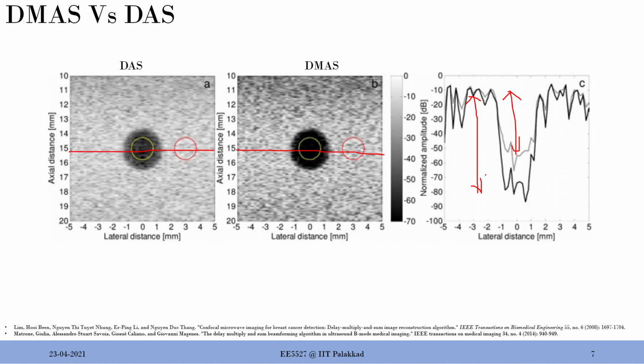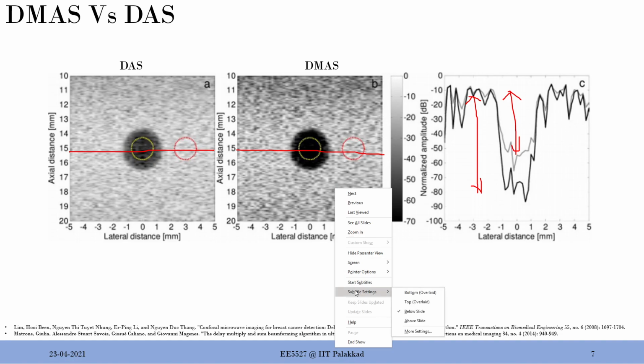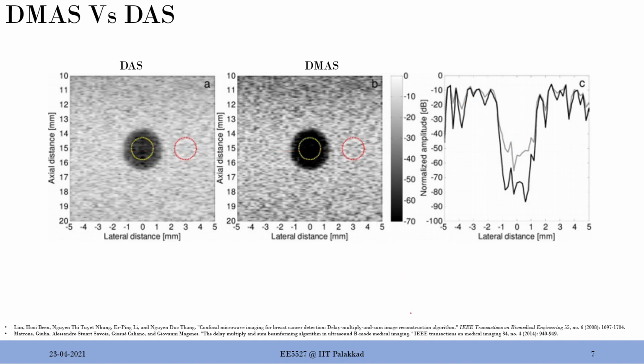So understandably this is very important, and this helps in better interpretability of the result. So a very simple algorithm, very simple extension, you are multiplying the transducers across and then summing it up, that's what delay, multiply and sum is giving you: better lateral resolution and better contrast resolution compared to delay and sum.